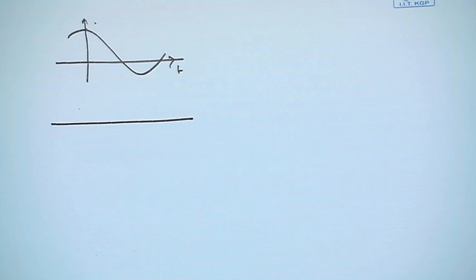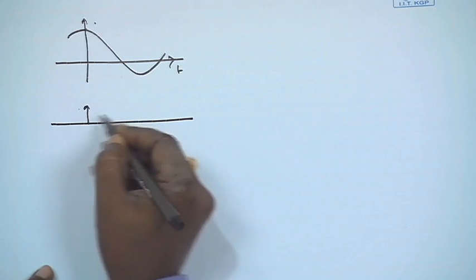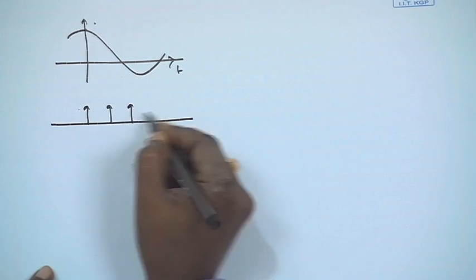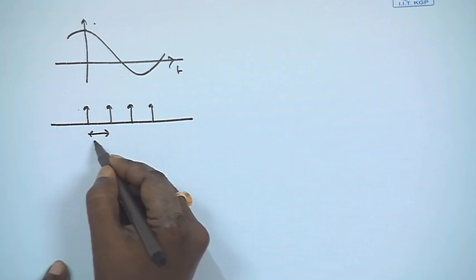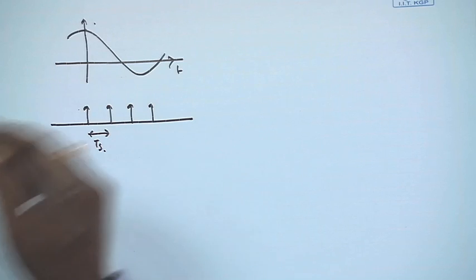It tells us that if I have a train of impulse functions, or delta functions, which looks like this, it is a periodic signal where at a particular interval, let us say Ts, I put a delta function.